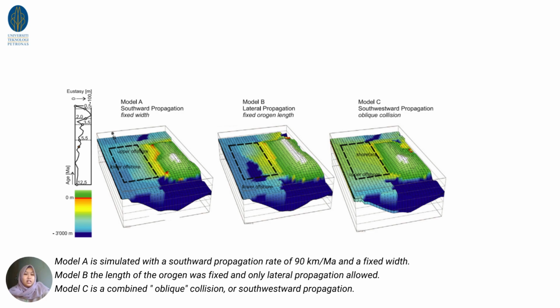Next are three models. Model A is simulated with a southward propagation of 90 kilometers and a fixed width. It is basically a 3D model of the previous data from the last slide.